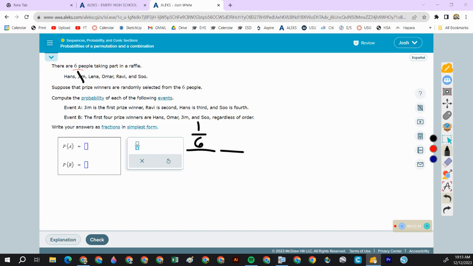So what is the probability that Ravi is the second person chosen? Well, how many names are still in the raffle? 5. So Ravi has a 1 in 5 chance of being chosen. Hans, being the third, has a 1 in 4, and Sue has a 1 in 3. So that would be 1 over 6 times 5 times 4 times 3, which is 360.